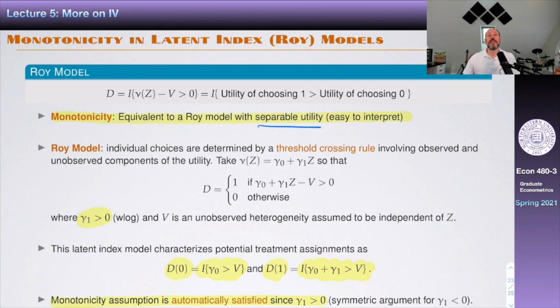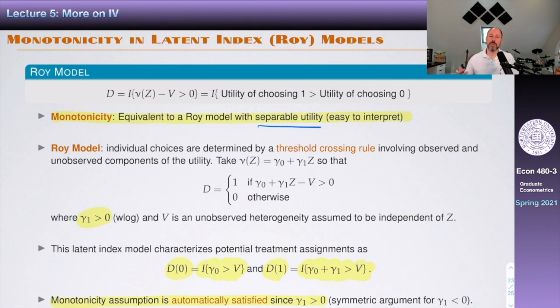So at the end of the day, this is something that I discuss in 481, but there is a tight connection between a LATE approach and a latent index or Roy model type of approach. They're both one-to-one, they just provide different interpretations of things. So I'm not going to dwell on all these distinctions in this class.